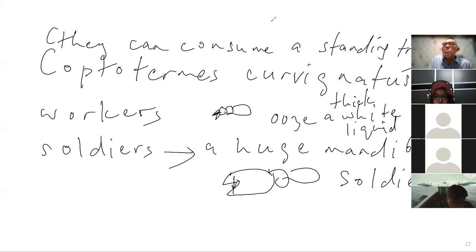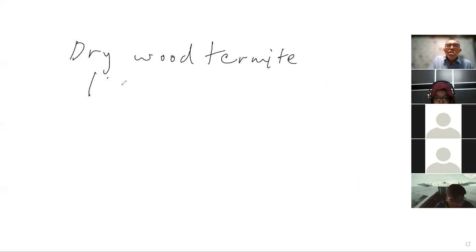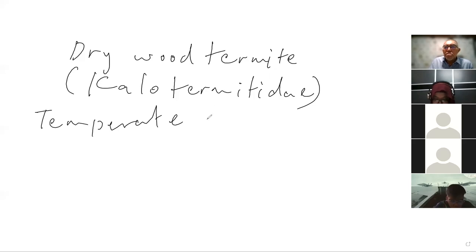So the next one is the drywood termite. Termitidae. The family is Termitidae. Now this is mostly found in temperate areas, kawasan yang beriklim sederhana.